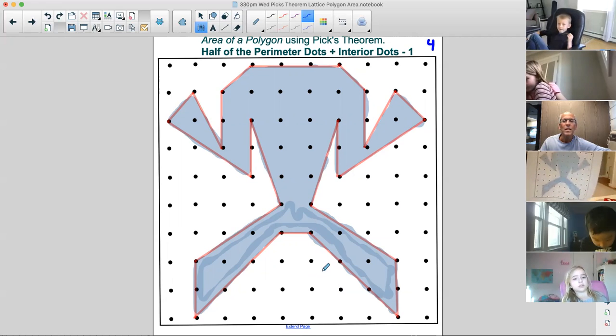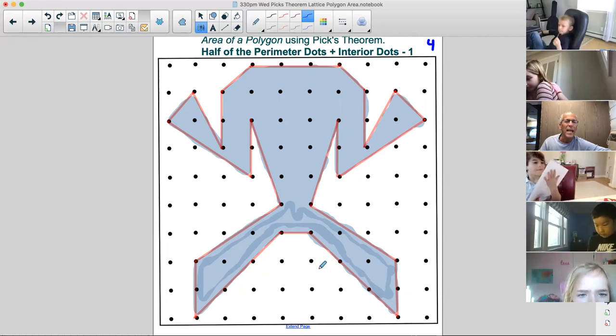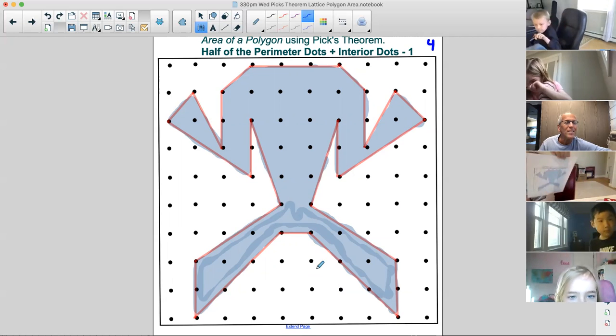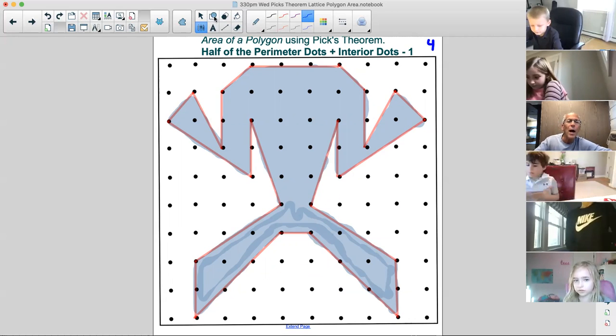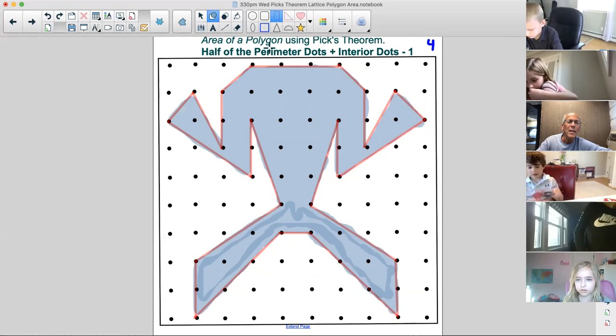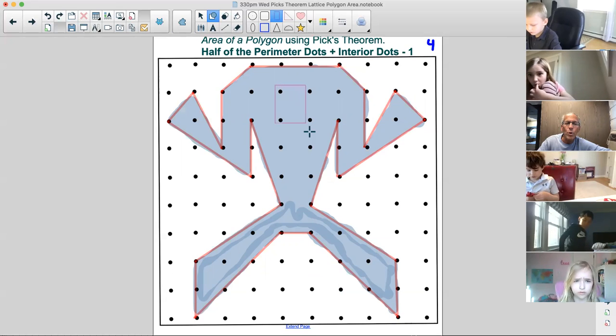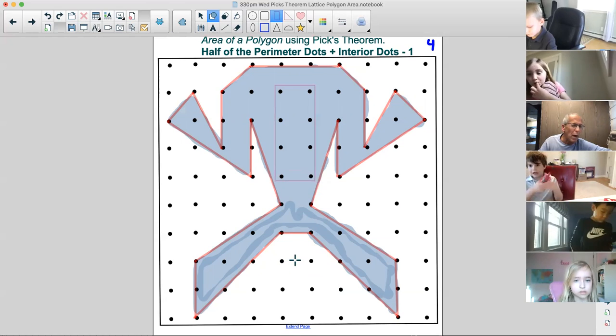Yep, the headless man. Page 4. That's the one, Roman. Now, Roman, start counting interior dots. And by the way, if it were me, I would put a rectangle around the 2x4.